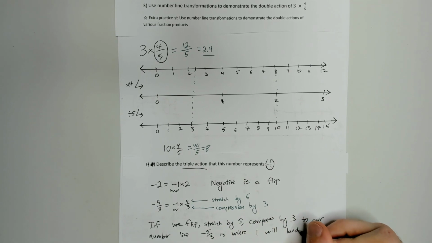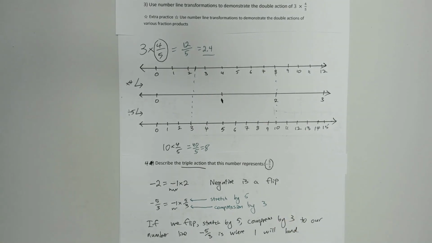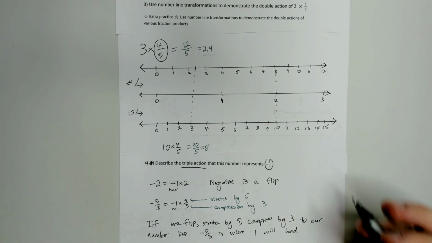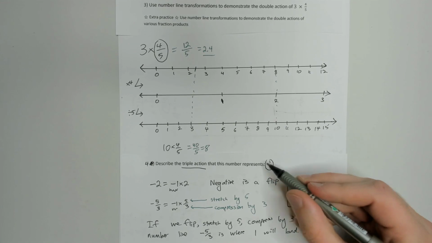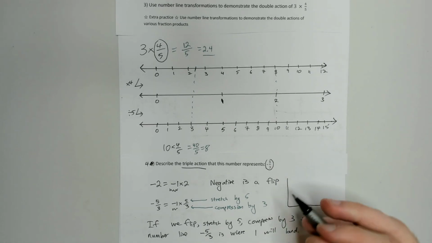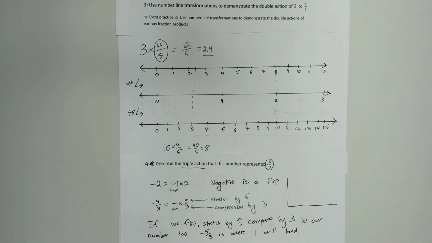Right, that was kind of our way that we could think of this negative 5/3 as actually being an action, because if we think about where 1 lands, 1 will basically land on the number that describes what happened to the whole number line. So 1 is landing on negative 5/3 because what happened to the number line is we applied the negative, we flipped it, we stretched it by 5, that's the numerator of 5, and we divided by 3.